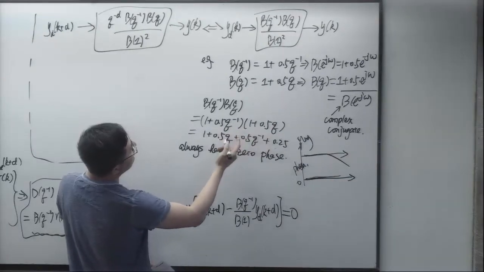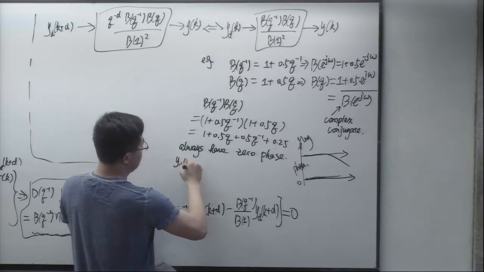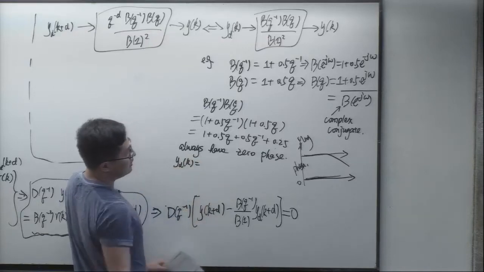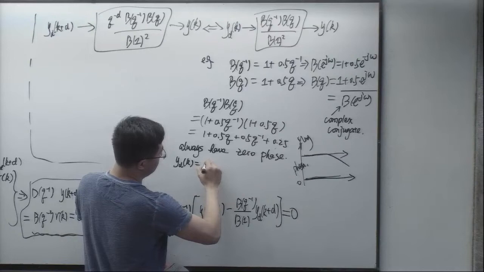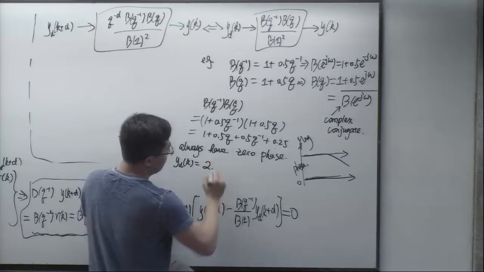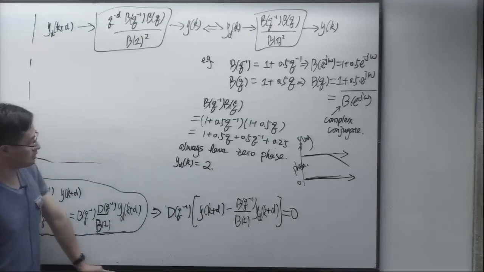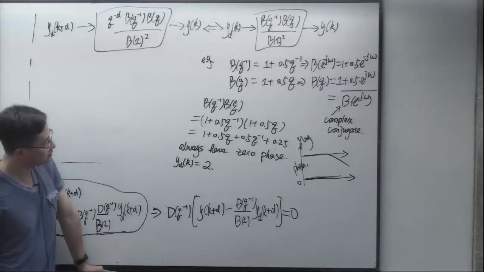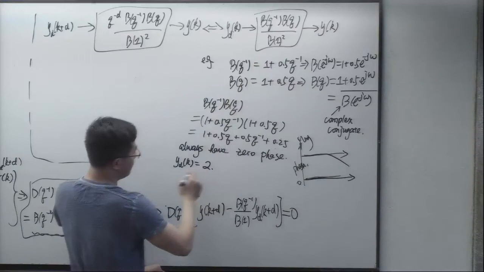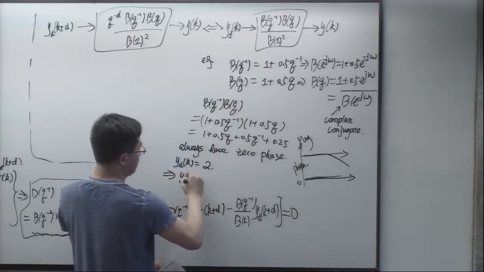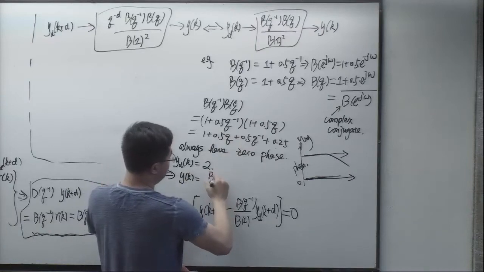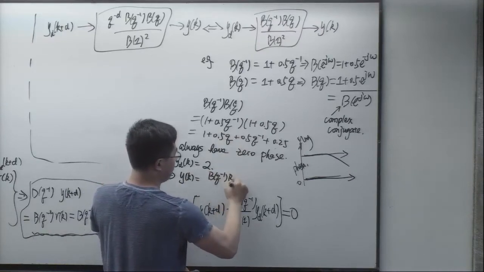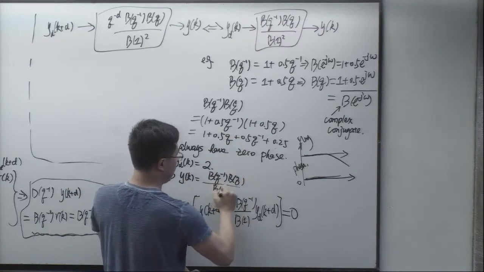So let's say Y D is a constant. Let's say I want to track a constant 2. Then let's take a look at Y K, what it equals to. Y K is going to equal to B Q inverse B Q over B1 square.